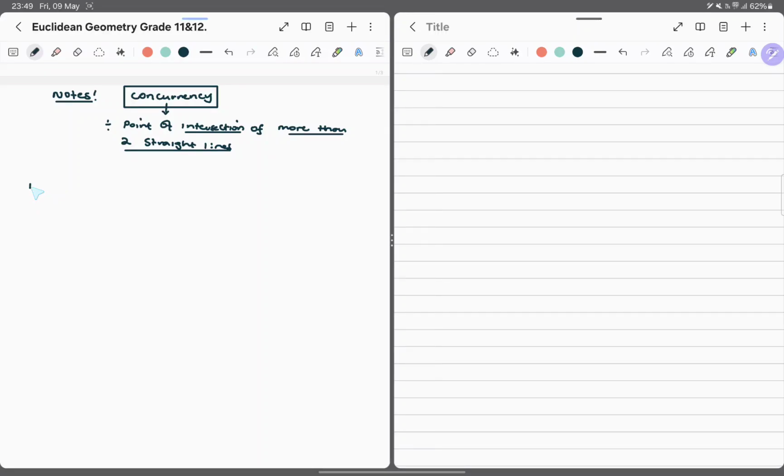Now, how do we apply this? Well, we look at triangles, because triangles are a very interesting geometric figure, I tell you. So let's just take triangle ABC. It's an acute angled triangle. Now, let's bisect its corner angles.